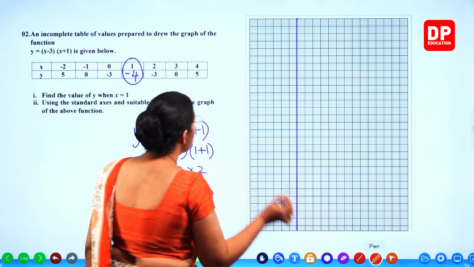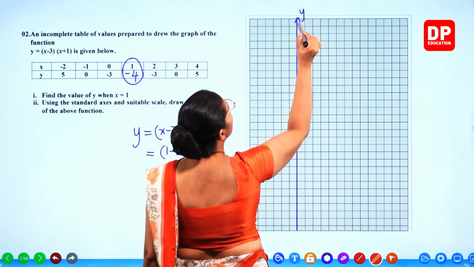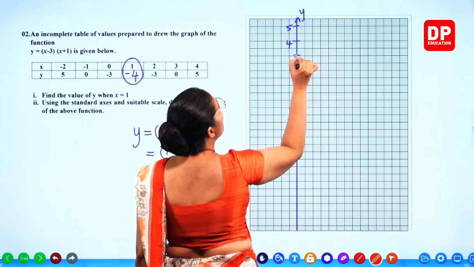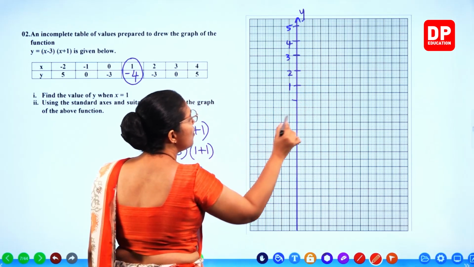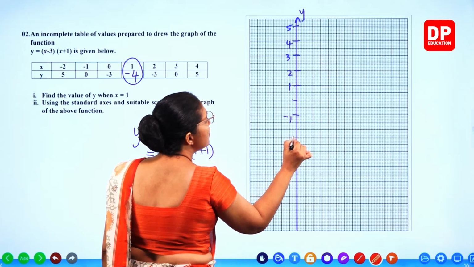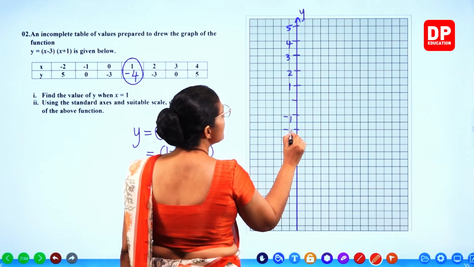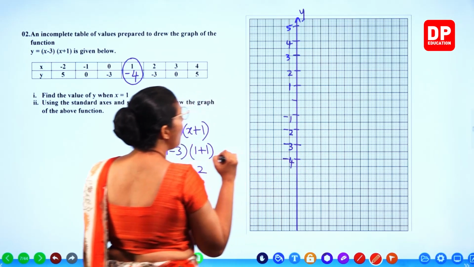And then starting from plus 5. So we'll do plus 5, 4, 3, 2, 1, 0, minus 1, minus 2, minus 3, minus 4.